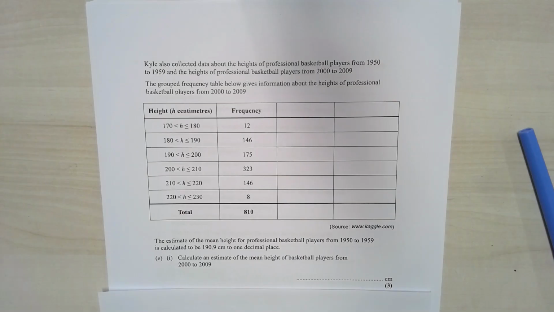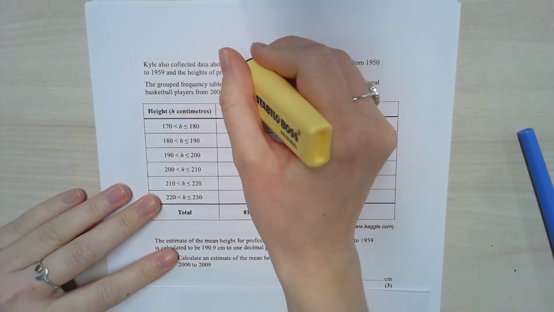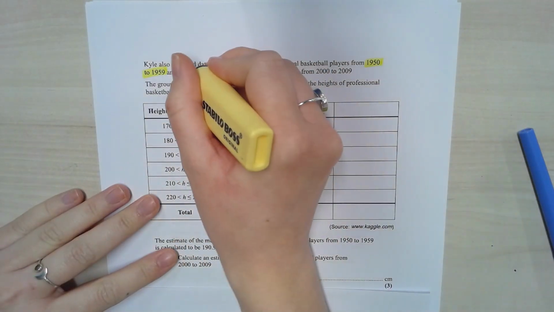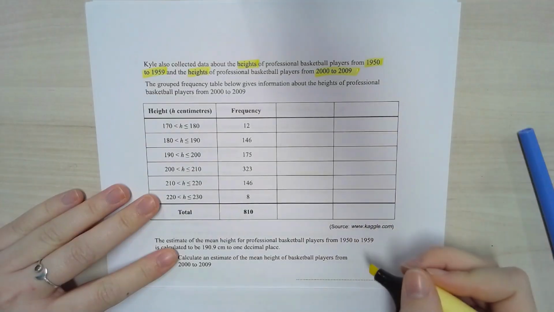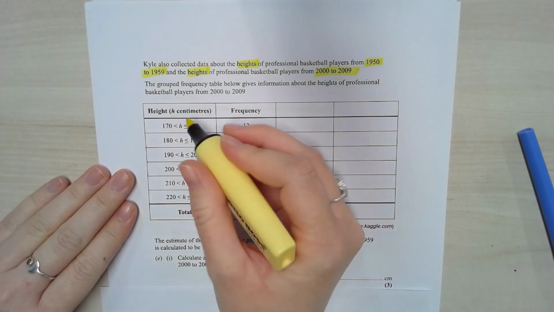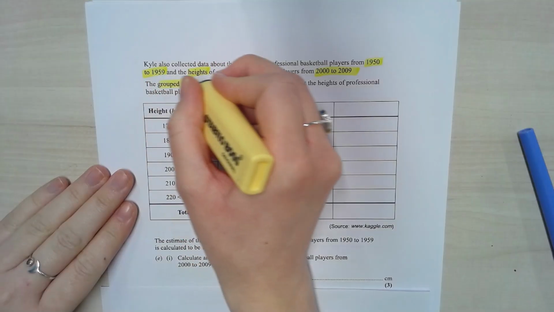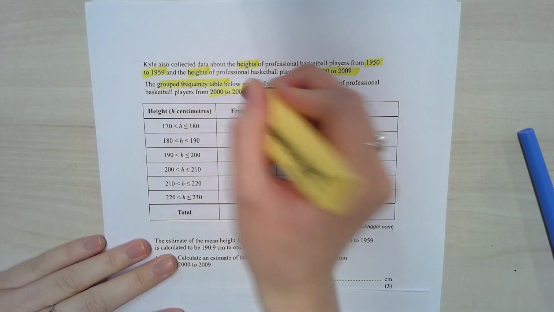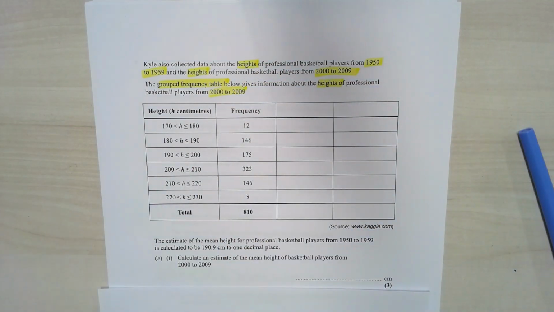So we also have that Kyle collected data about the heights. He collected data about the heights from 1950 to 1959. He also collected data from the heights from 2000 to 2009. Here we've got a grouped frequency table, and it gives us information about the heights from 2000 to 2009.